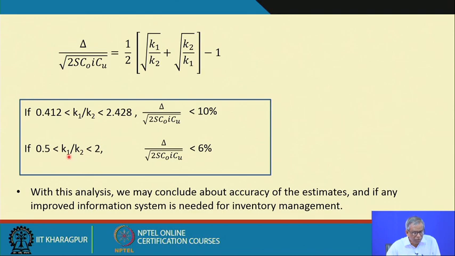And if k1 by k2 lies between 0.5 and 2, then this proportion, the difference as a proportion of the optimal total variable cost, will be just less than 6%.